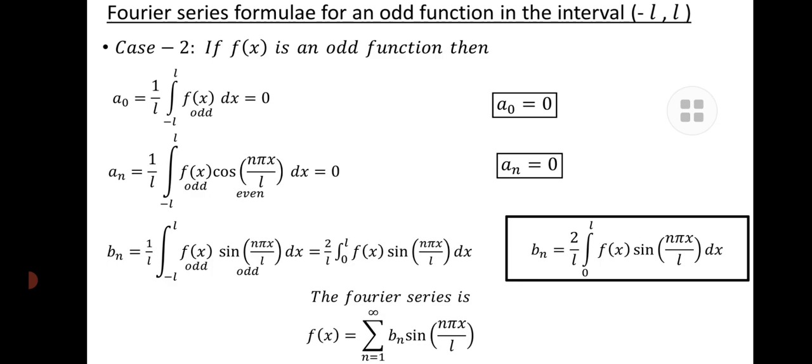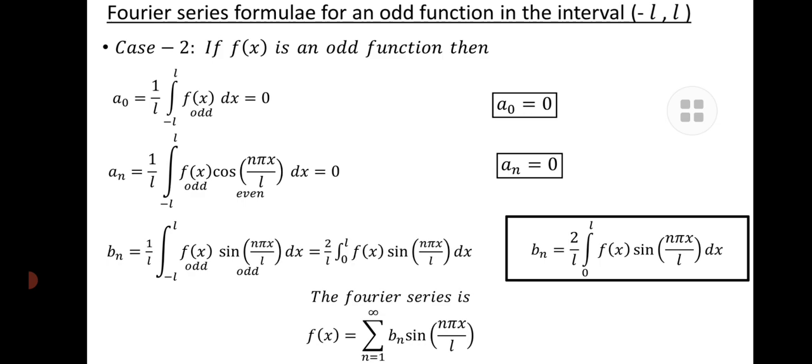See here, b n is equal to 1 divided by L integral minus L to L f of x sin n pi x divided by L dx, and that is equal to 2 times 1 divided by L integral 0 to L f of x sin n pi x divided by L dx. So b n is equal to 2 divided by L integral 0 to L f of x sin n pi x divided by L dx.